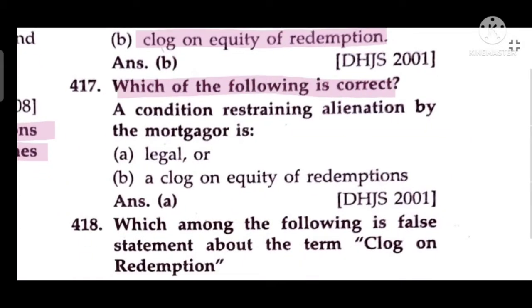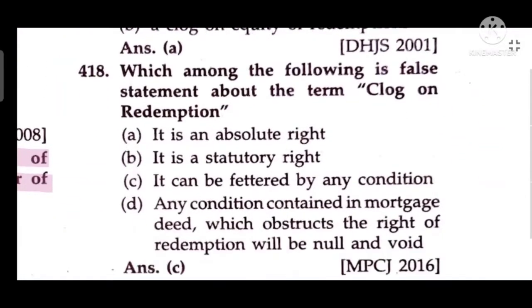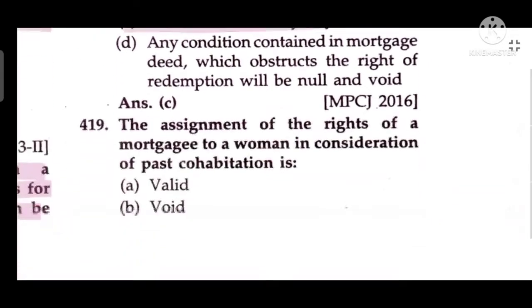Which one of the following is correct? A condition restraining alienation by the mortgagor is legal. Which among the following is a false statement about the term clog on redemption? It can be furthered by any condition.